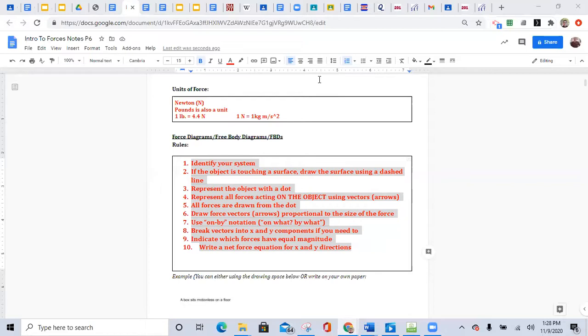I'd like to get as many as possible. I want to at least get through this first example. And again, with repetition, this gets much faster. But I want to make sure we start solid here. FBDs are really an important tool that you're going to use for a long time. Okay, getting a lot of done. Give you maybe 30 more seconds, and then I'm going to start going through these.